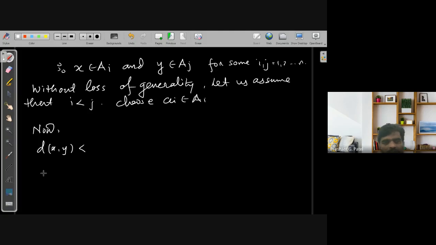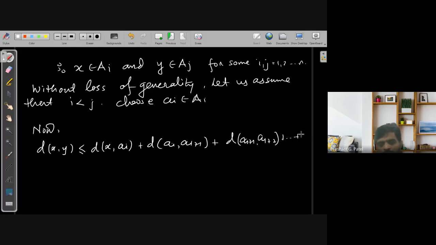As per the triangle inequality, this is less than or equal to the distance between x and ai, plus ai and ai plus 1, plus ai plus 1 to ai plus 2, and so on up to d of aj and y, because i is less than j, that is why we are adding this.